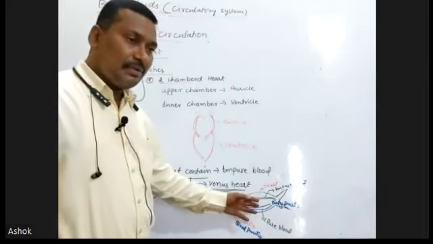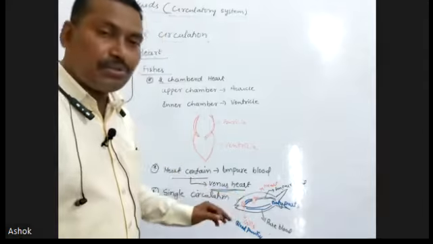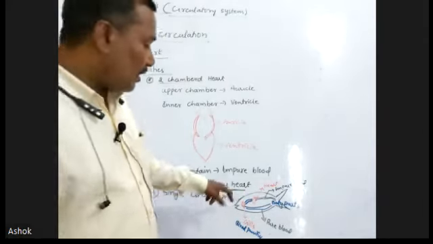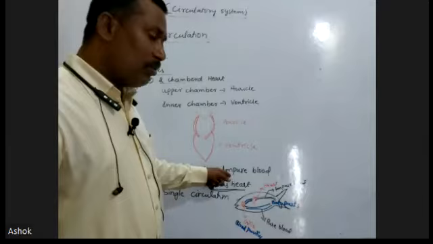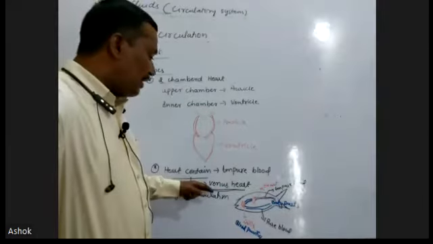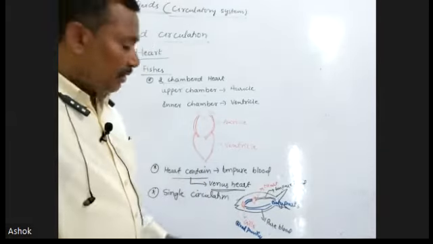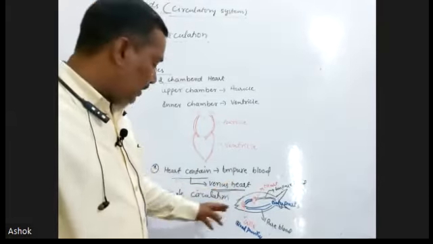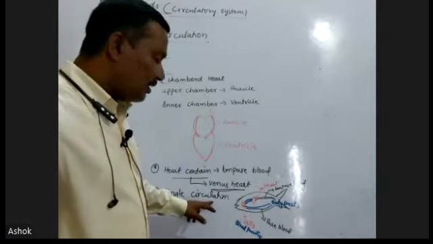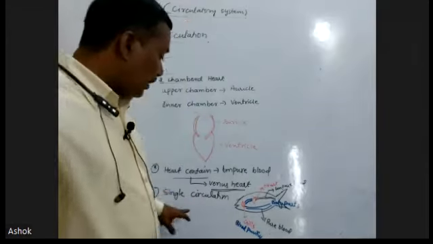Throughout its lifespan, the heart takes in impure blood and supplies impure blood to the gills. Always the heart contains impure blood. Due to this, the fish heart is called a venous heart. And one more thing we have to discuss here: this circulation is called a single circulation.